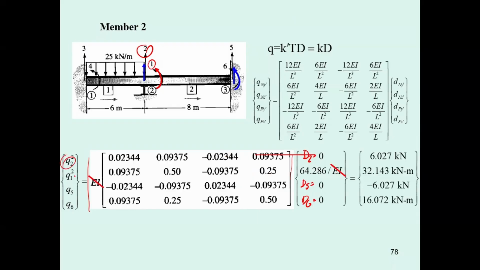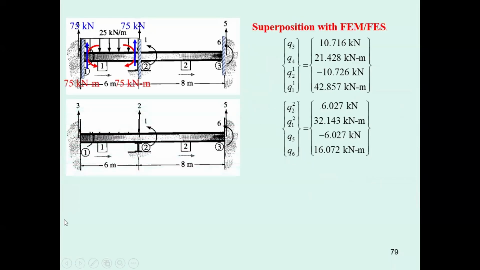Now, don't forget about the degrees of freedom that we have, and then translate it. This one corresponds to number 3. And then, don't forget about the fixed end moment and fixed end shear at the end of the member. This one is from step number 2.